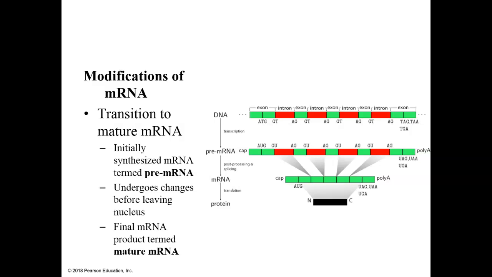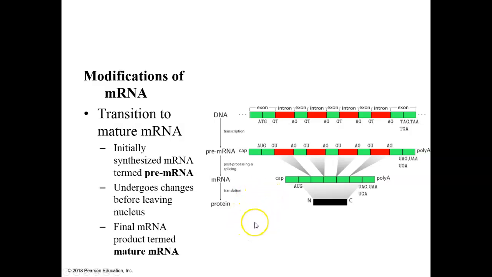Commercials have nothing to do with the movie in general. And so we cut out those little introns or commercials, and then we splice together all of the exons and we produce a messenger RNA that has no introns. So this is a complete copy of just that protein.